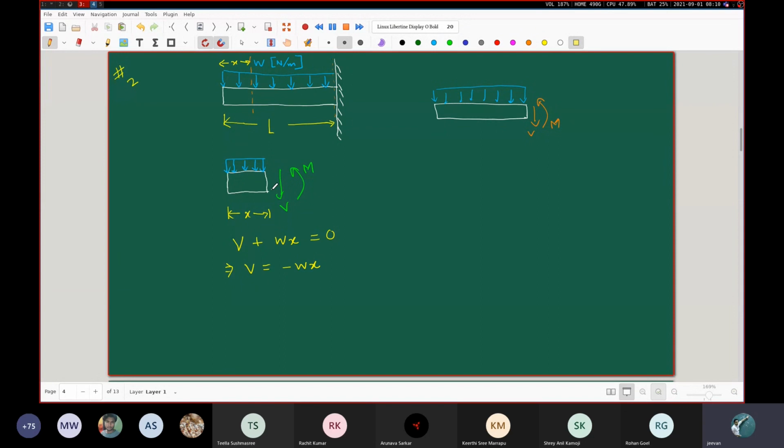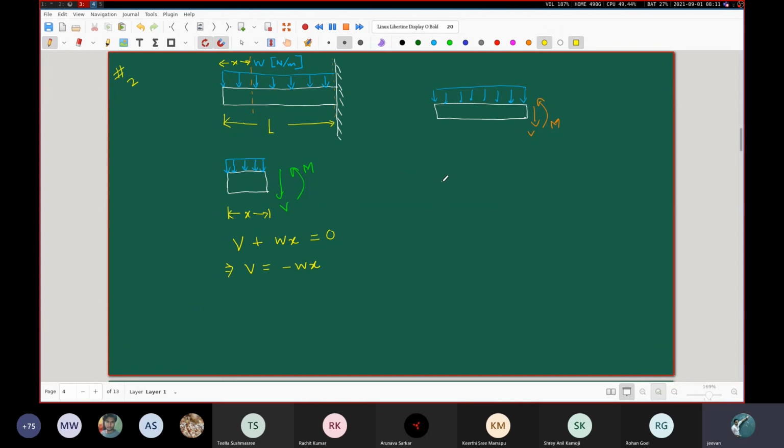So on the right hand side portion of a cut part, the downward pointing force is considered to be positive. It may come out numerically to be negative, but this is considered to be positive downward, and this anti-clockwise sense is taken to be the positive sense of the bending moment. All right, so today we will try to find out the bending moment.